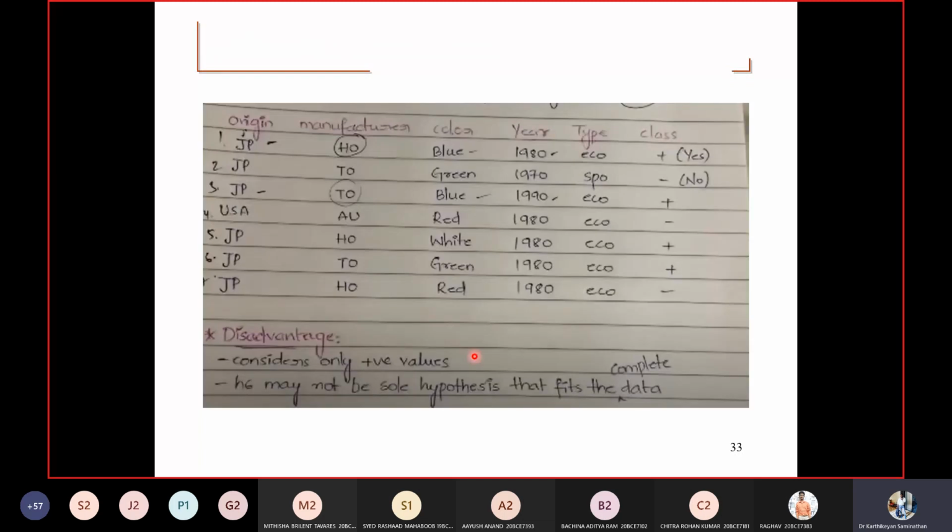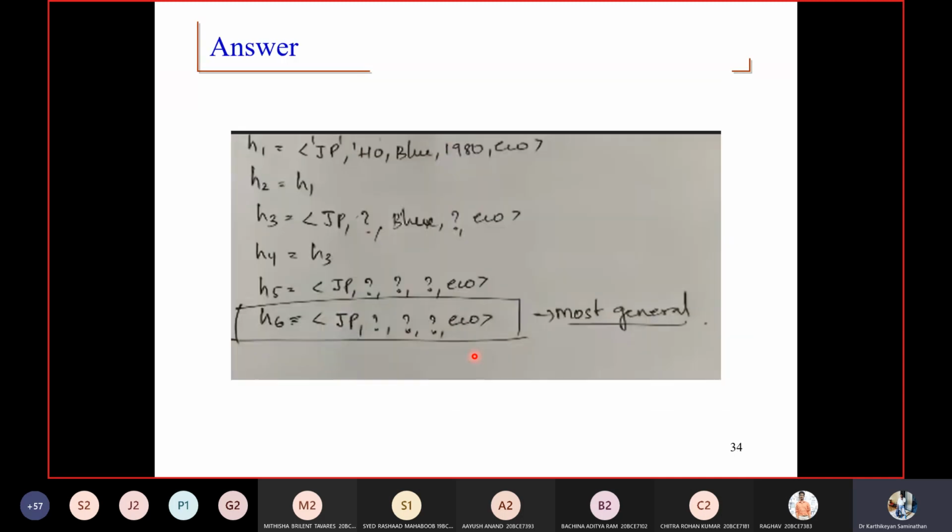The main disadvantage of this algorithm is that it only considers the positive values. Also, this may not be consistent for more training samples, so it may not fit all the hypotheses. That is the drawback of this algorithm, because we need to take negative samples also.